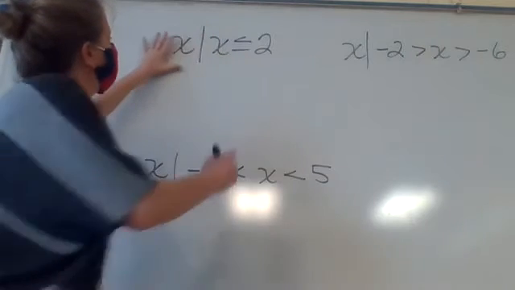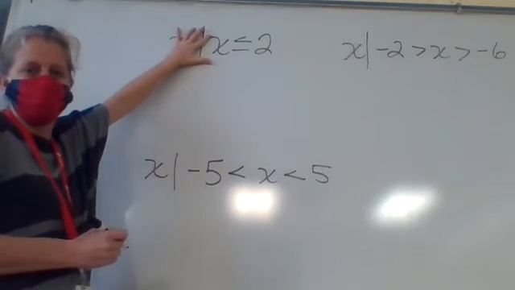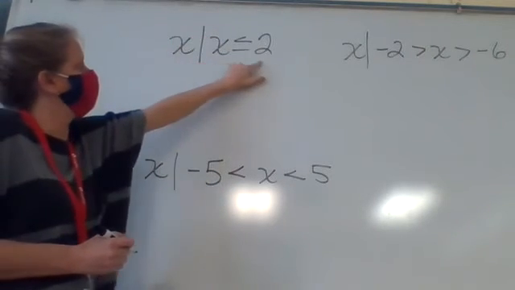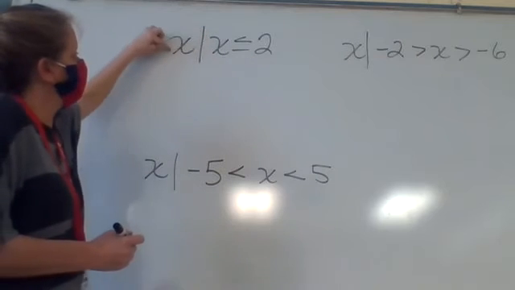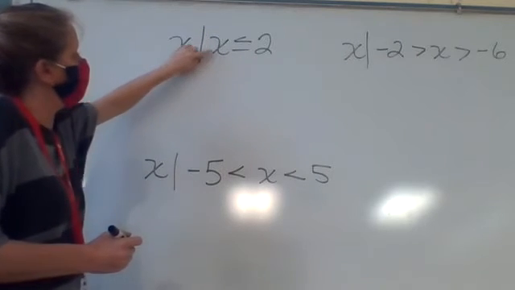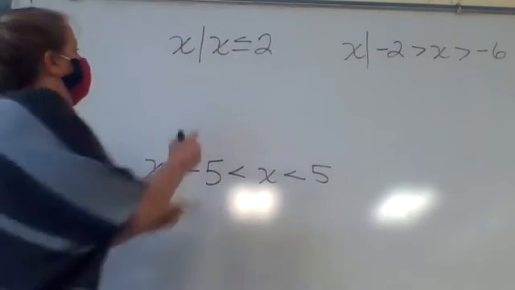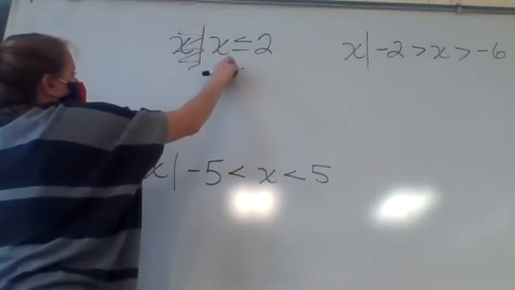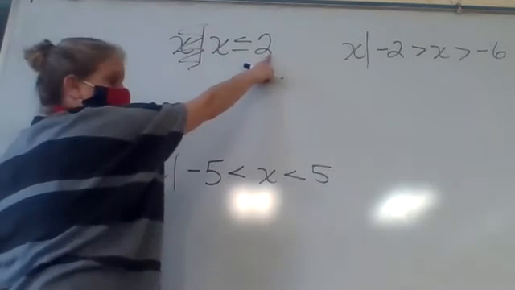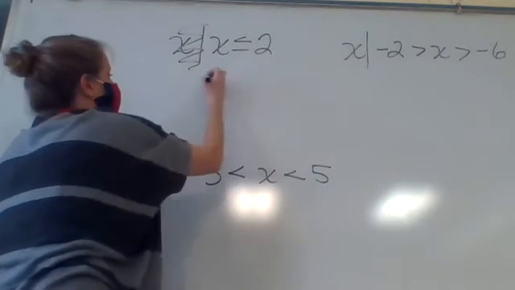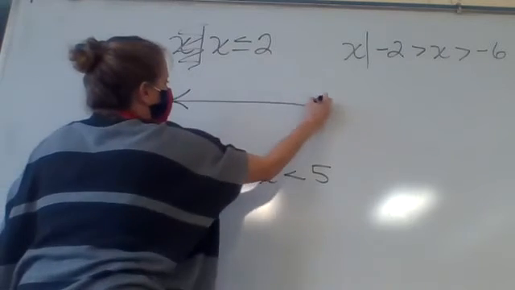You can essentially just ignore this part. This just says X is such that X is less than or equal to 2. So just ignore that and go with this. This is the number that I'm going to put on my number line, whatever it is.